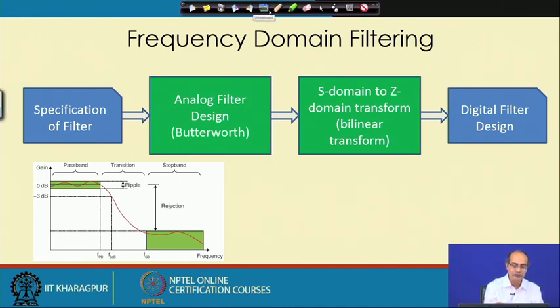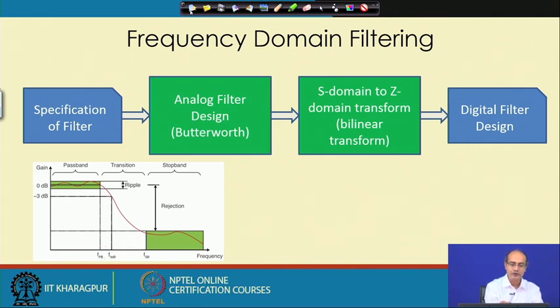The first thing we need to give is the cutoff frequency. Sometimes it is given as the 3 dB bandwidth, which is the cutoff frequency of this filter. This is the minimum we need to give for a low pass filter. For a high pass filter also, if we just negate it, 1 minus the low pass filter, we get the high pass filter, so there also we need to give the cutoff frequency.